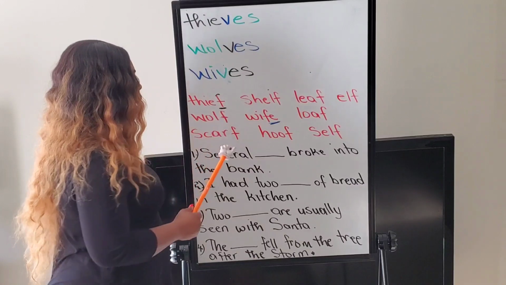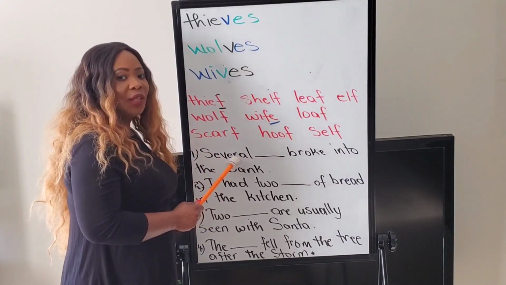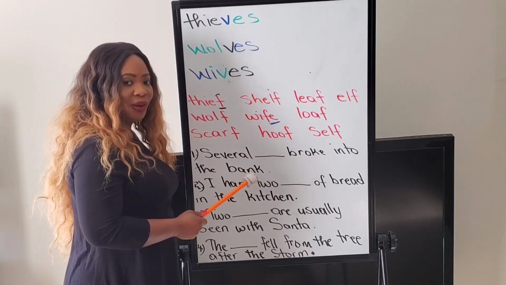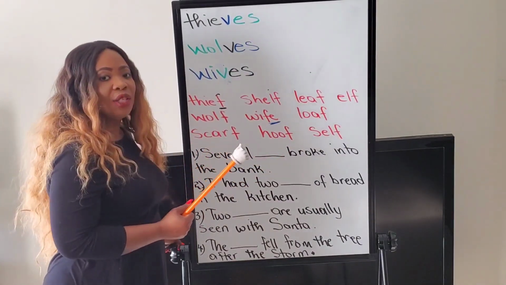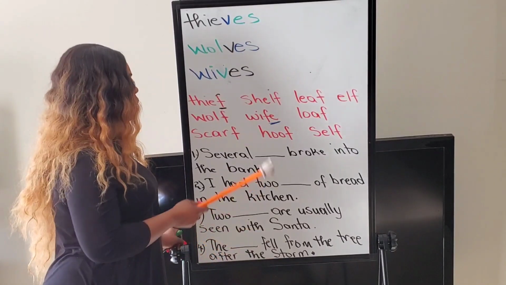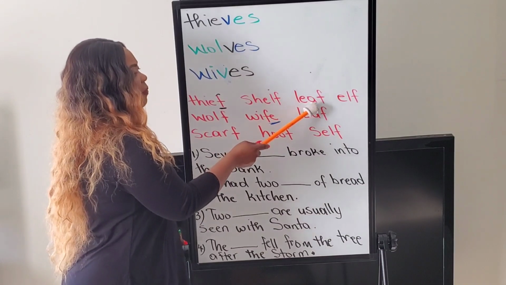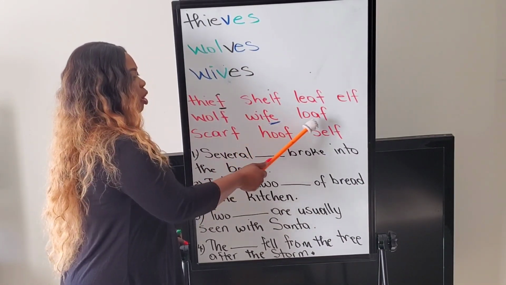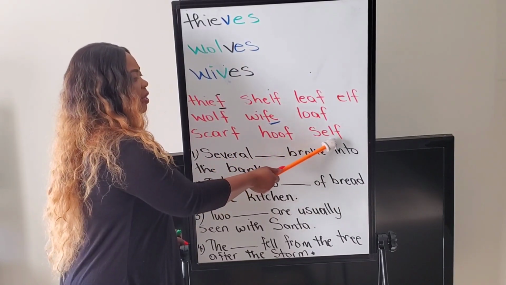All right, so there I did 3 for you. Now I am going to call these, and what you will do for me is pluralize these in your journals. So all these are nouns, right? And you are going to pluralize them based on the rules. Now, we have thief, shelf, leaf, elf, wolf, wife, loaf, scarf, hoof, self.